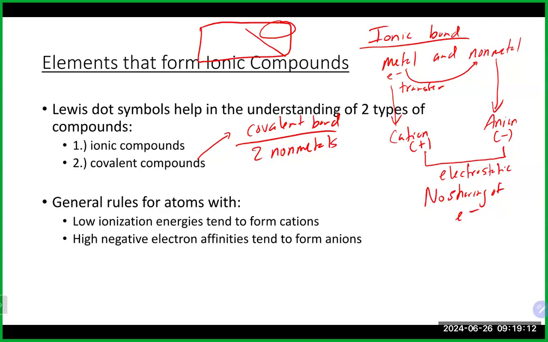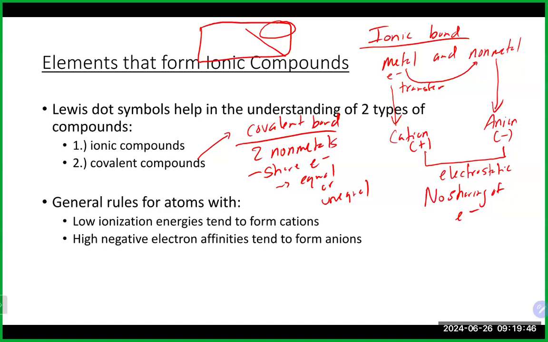So when we get those two guys to come together, the best they can agree upon is we'll just share electrons. I'm not going to give it away, I'm not going to take yours, you're not going to take mine. The best that we'll do is share the electrons. As we will talk about, it could be equal sharing or unequal sharing, but there is some aspect of sharing happening when 2 nonmetals come together, because they have the same ideas. They both want to hang on to electrons, they both want electrons, so they're going to share.